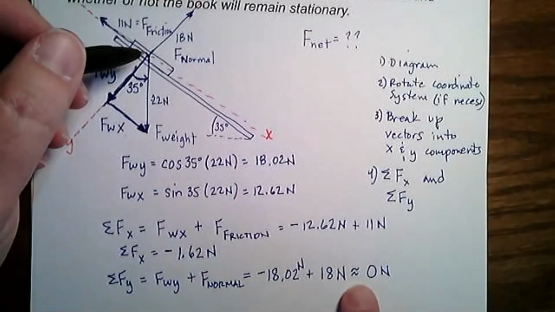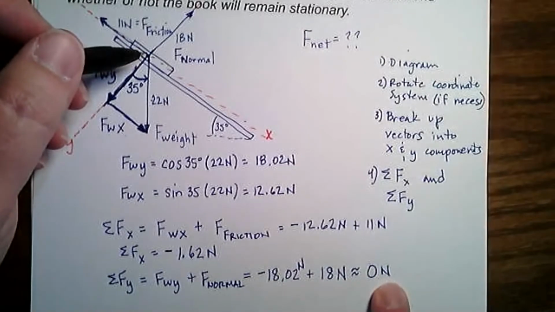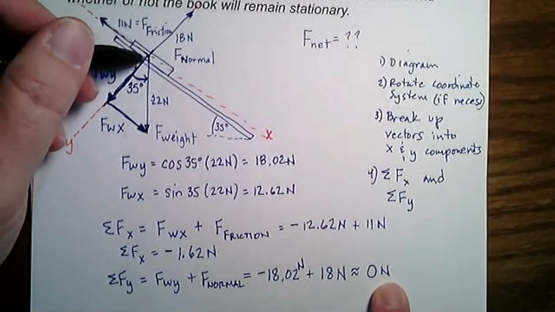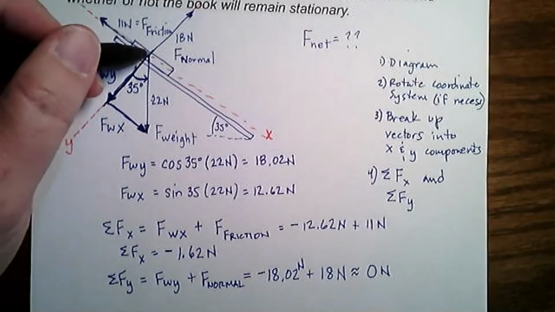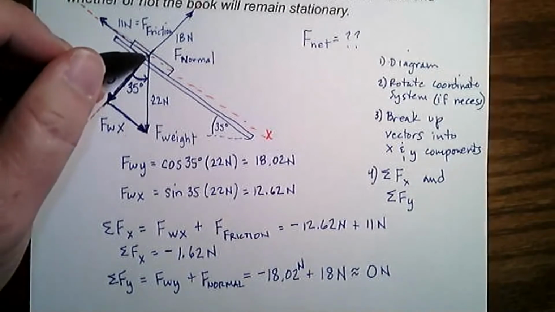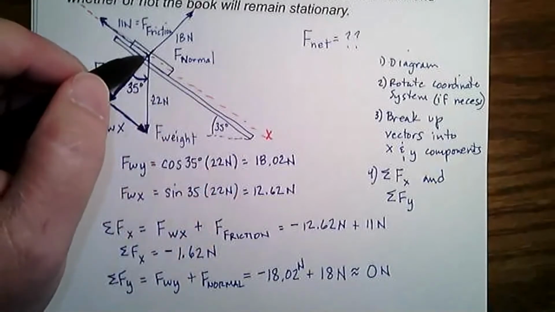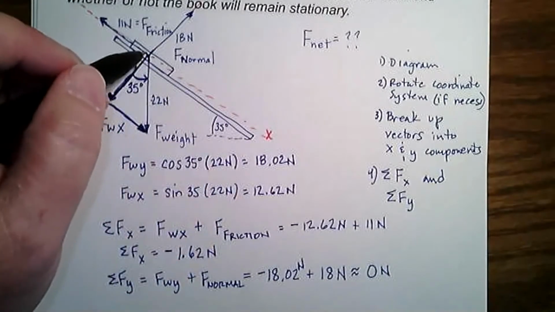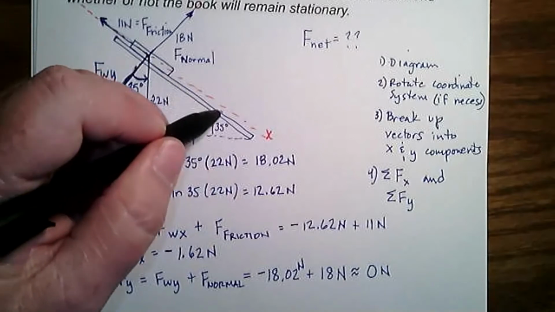What if I went ahead and solved this and I had a negative force in the y direction? Well, that would mean I would get a negative acceleration, a downward acceleration of that book as it slid down the table. That would make no sense. I would never observe that. That would basically be the book dissolving into the tabletop as it moved.